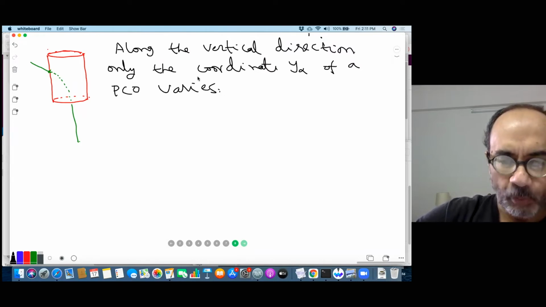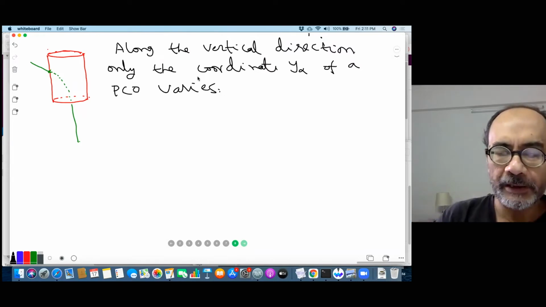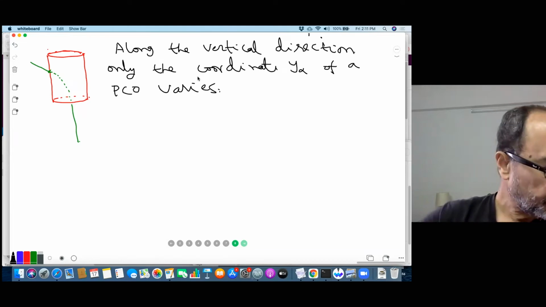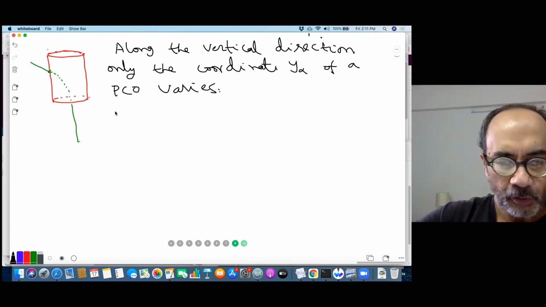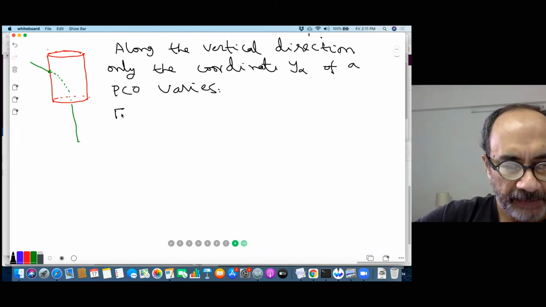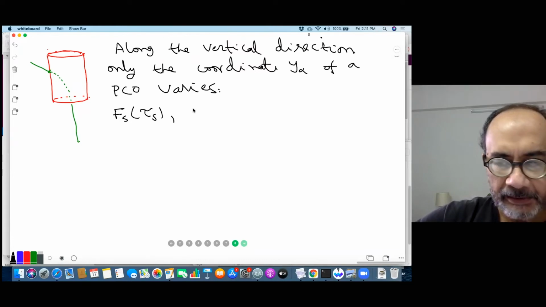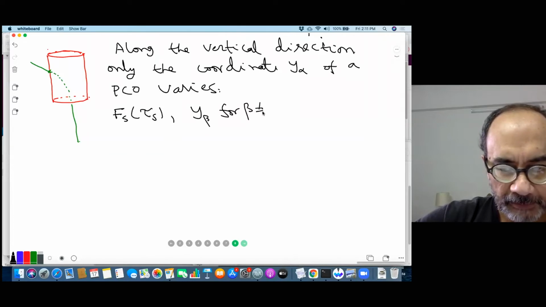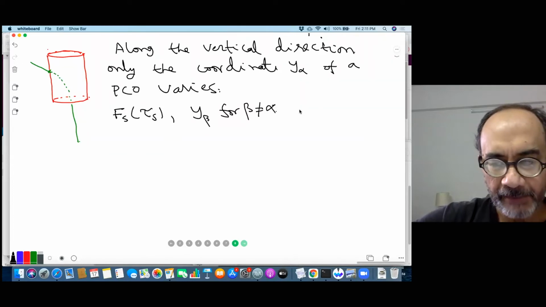Nothing else changes. Local coordinates remain fixed. The coordinates of all the other PCOs remain fixed. So the Fs of tau s, remember that, this Fs remains fixed. Then y beta for beta not equal to alpha, all these remain fixed.